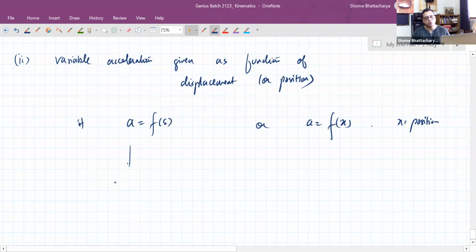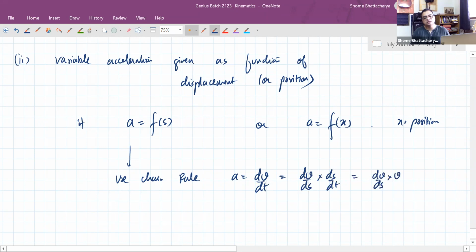So we use the chain rule, that acceleration, which is dv by dt, can be interpreted as dv by ds into ds by dt, and that is nothing but dv by ds into v. So the acceleration, which is dv by dt, can also be interpreted as v dv by ds.